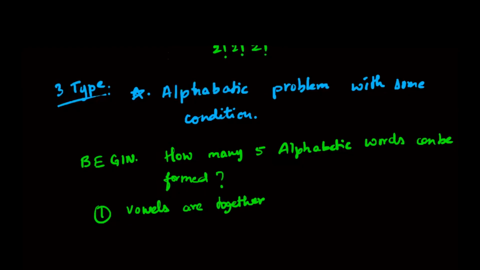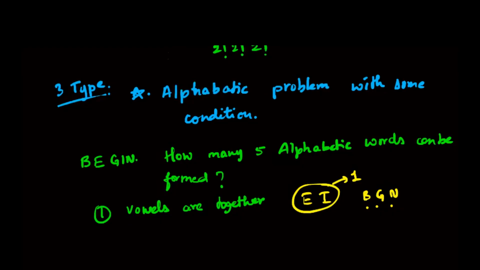Now see how to solve it. How many vowels are there? E and I are the vowels, so they are together. Together means they are acting as one quantity. Now what is left out? B, G, and N. So these are 3 different alphabets, and this is acting as one.